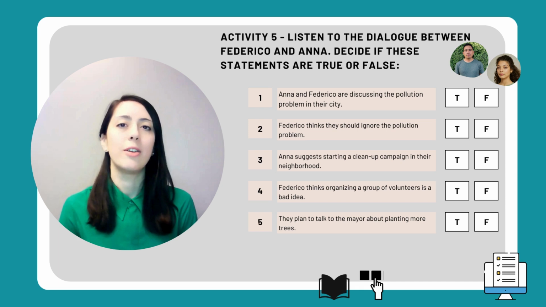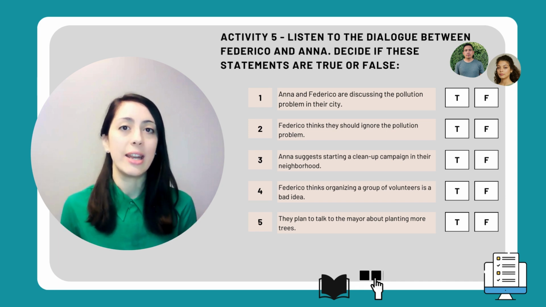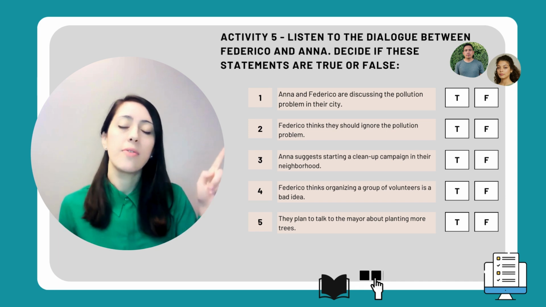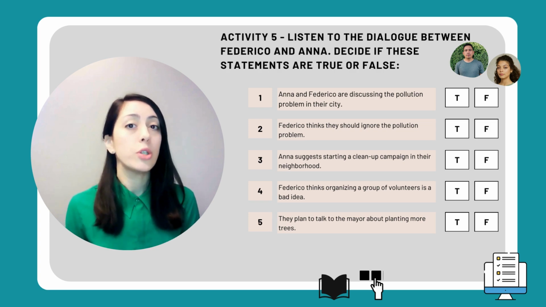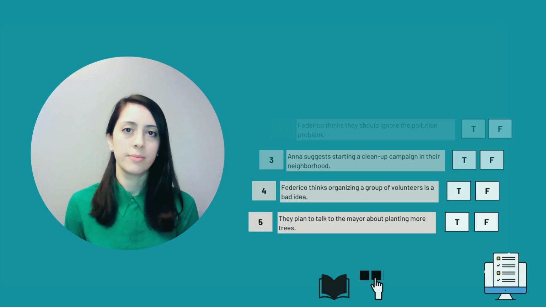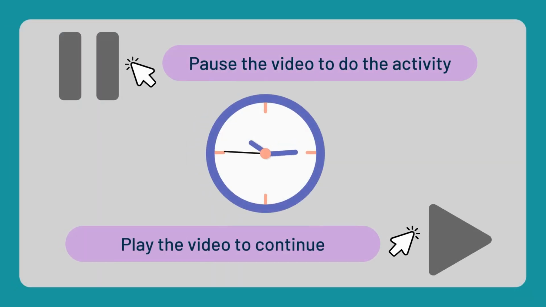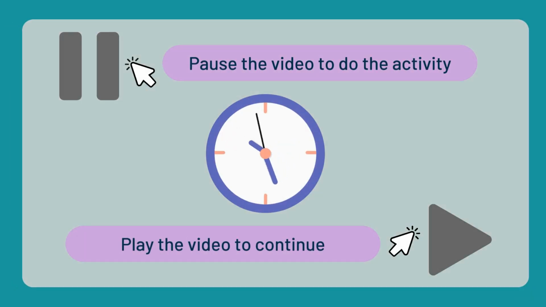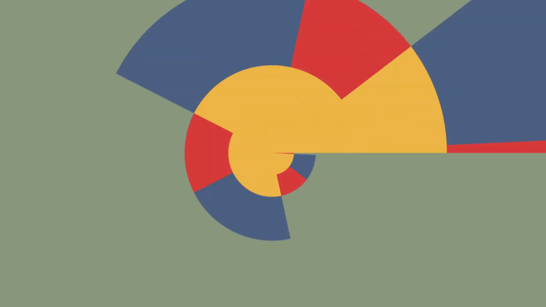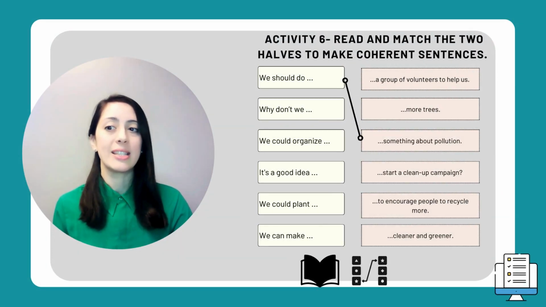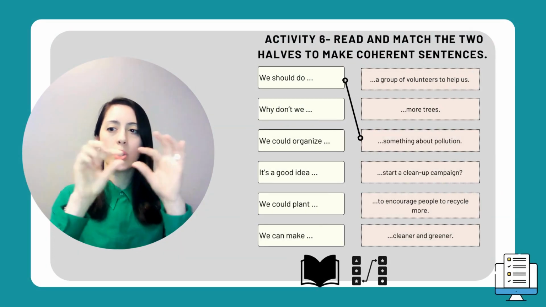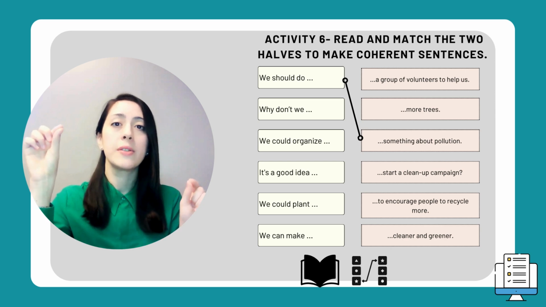Listen to the dialogue between Federico and Anna. Decide if the following statements are true or false. Activity 6. Read and match the two halves to make coherent sentences.